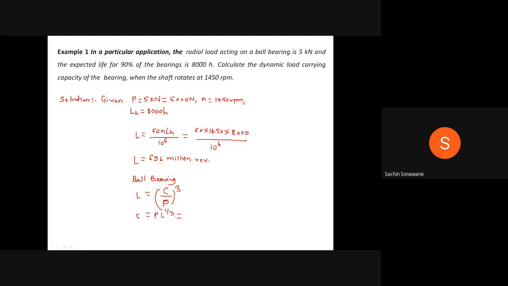Therefore, substitute the values: 5000 into 696 raised to 1 by 3. Therefore, C is equal to, please calculate what is the answer.